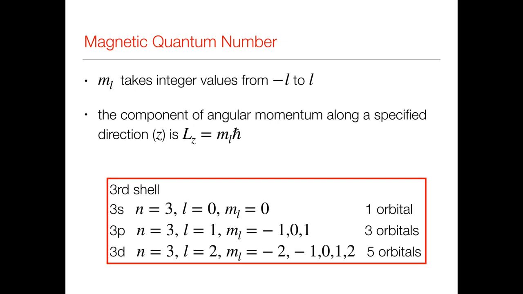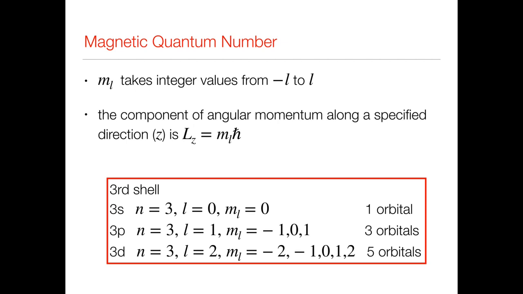For n is 3, we can also have l is 1, and this would enable m_l to be -1, 0, and 1, so there are 3 orbitals, 3 distinct sets of quantum numbers. And if we go to l is 2, that's the 3d, m_l can now be 5 different values from -2 all the way up to 2, so there are 5 orbitals.